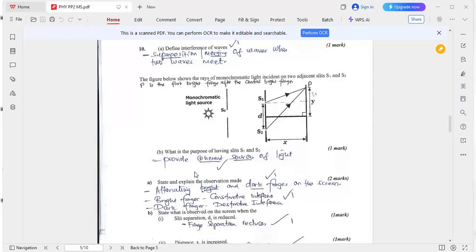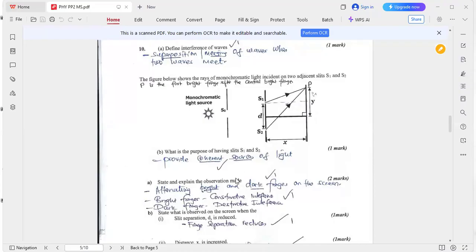These two act as coherent sources of light. You can also be asked, what are coherent sources of light? These are sources of light with the same wavelength, same frequency, same speed, and almost equal amplitude. When it comes to amplitude, you say almost equal amplitude. It doesn't have to be the same.